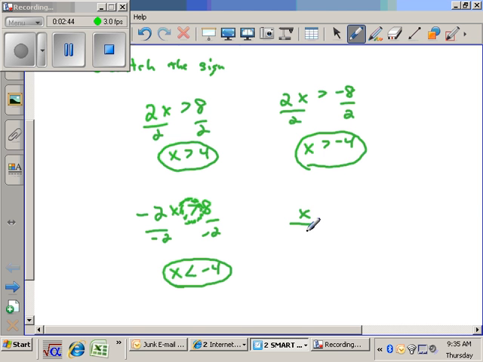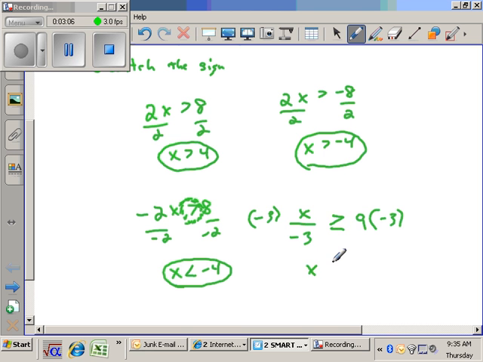x divided by negative 3 is greater than or equal to 9. What do I got to do to both sides? Multiply by negative 3. Now, what happened in our little investigation when I multiplied by a negative? It was a false statement, so I have to flip the sign.